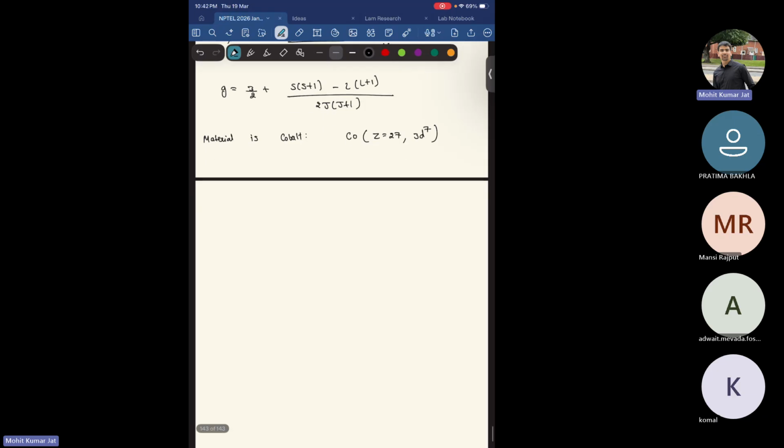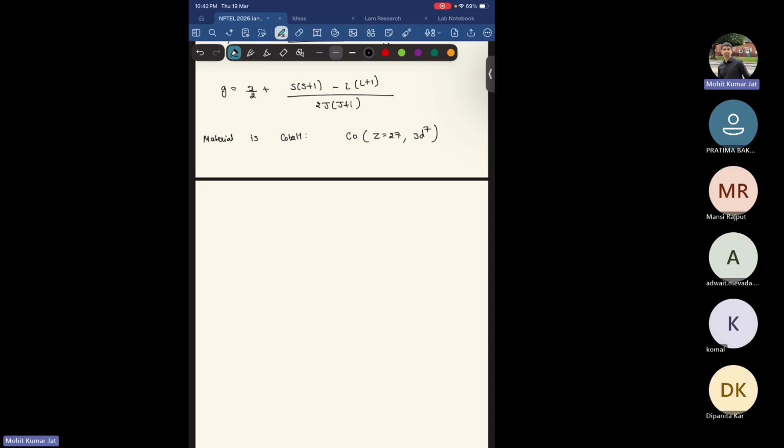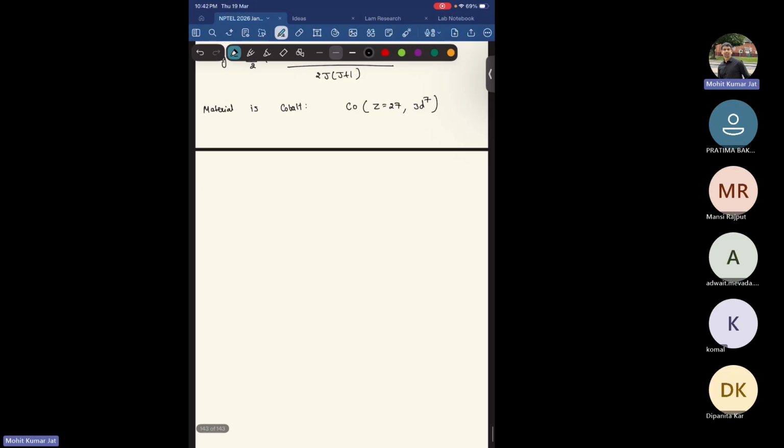So if you start filling the band of this d orbital, 1 2 3 4 5, and then the paired ones, so 3 will be empty.